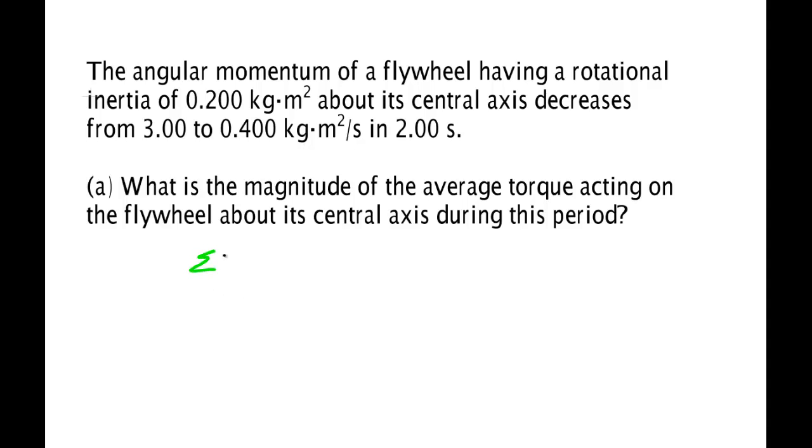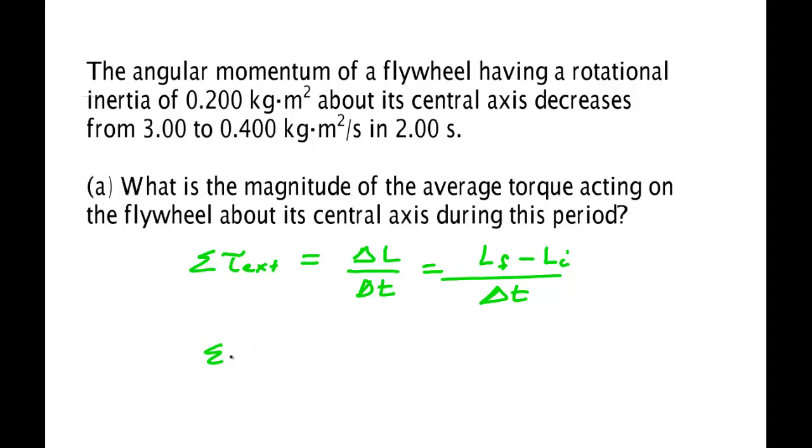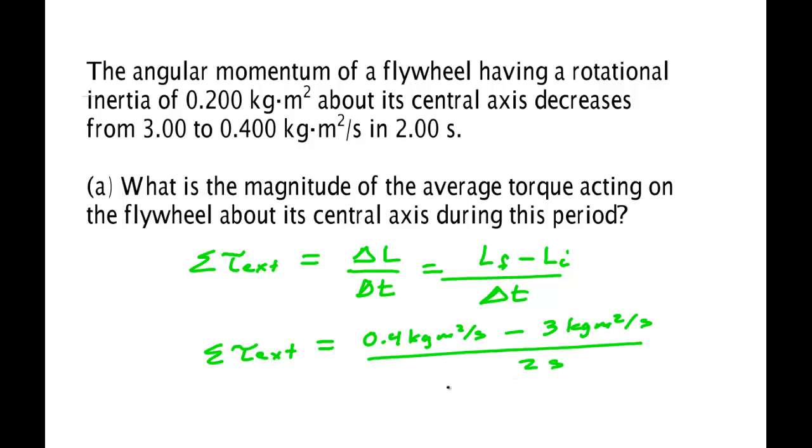Well, this is an example of applying the second law. The sum of the torques is equal to delta L over delta T, which is L final minus L initial over delta T. The sum of the external torques is equal to the final, which is 0.4 kilogram meters squared per second, minus the initial, 3 kilogram meters squared per second, divided by 2 seconds.